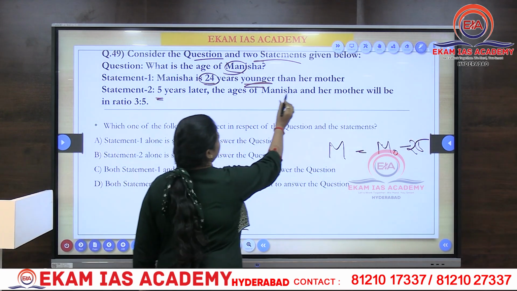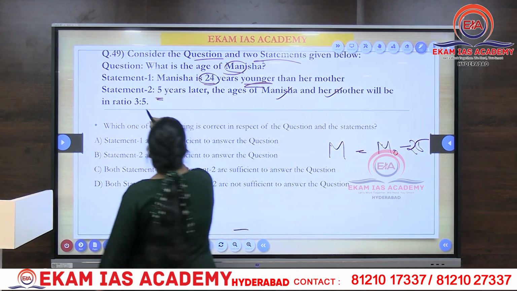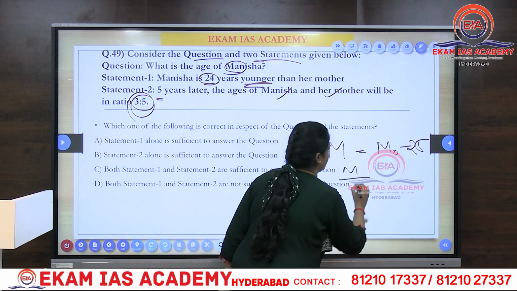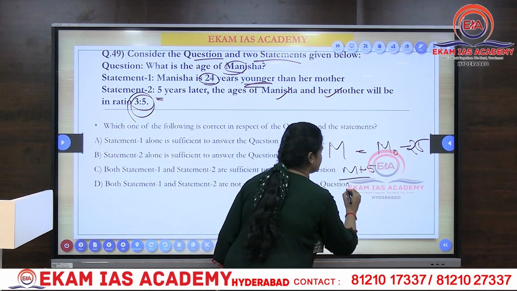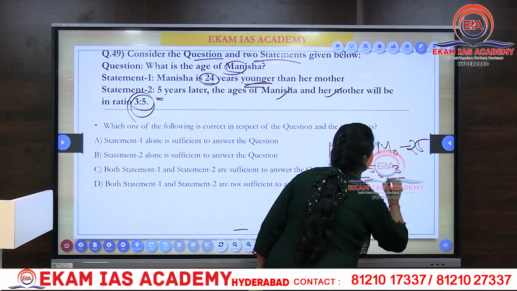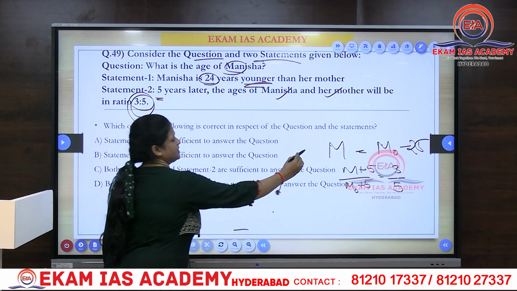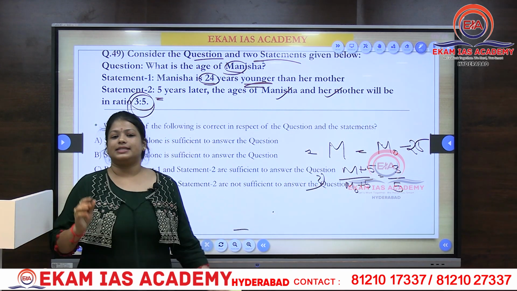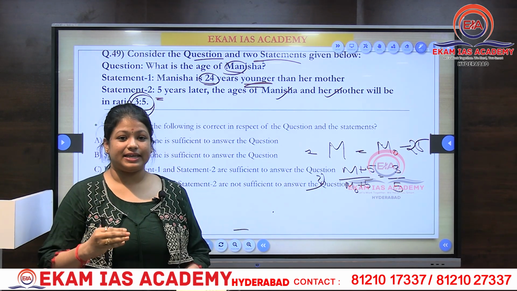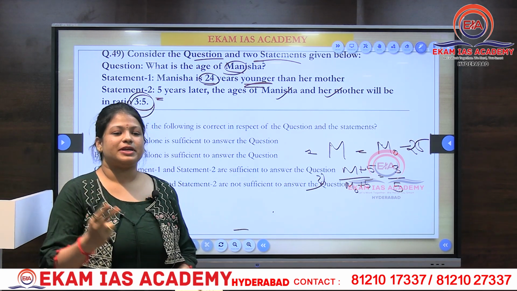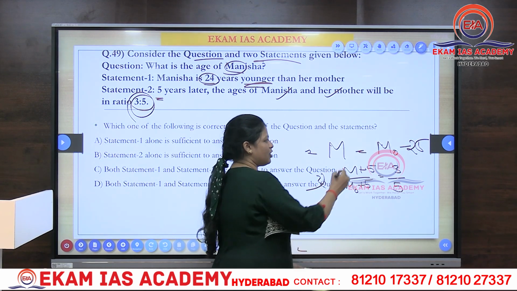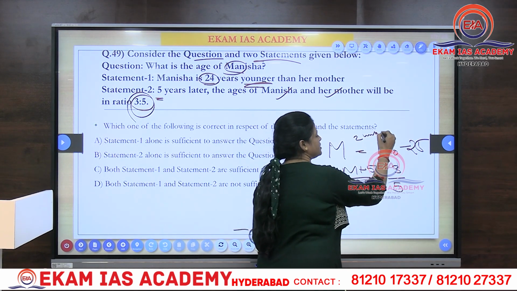5 years later, the ages of Manisha and her mother will be in the ratio 3:5. So Manisha plus 5 years and her mother plus 5 years is equal to 3:5. This is statement 1 and this is statement 2. Just remember, if there are 2 unknown variables, we need 2 statements or 2 equations to solve this, because there are 2 unknowns.